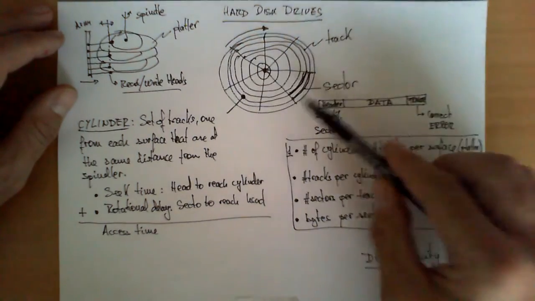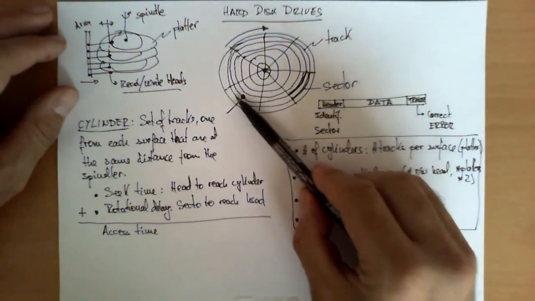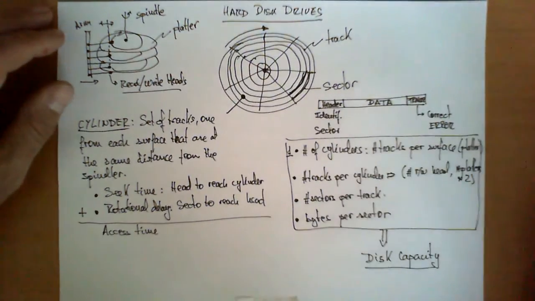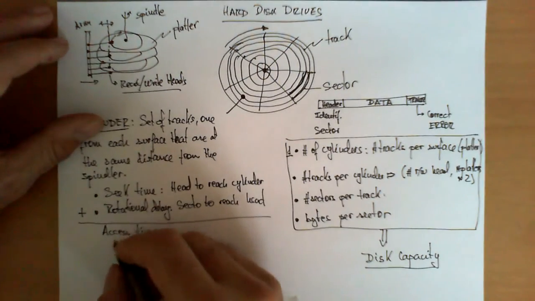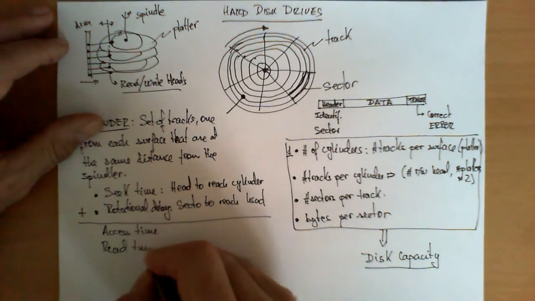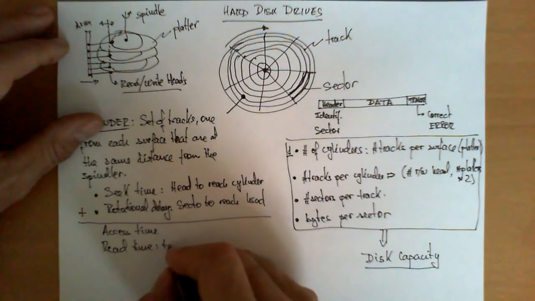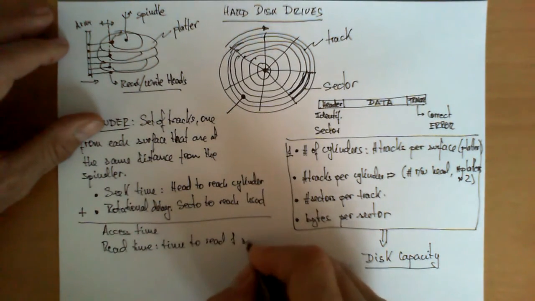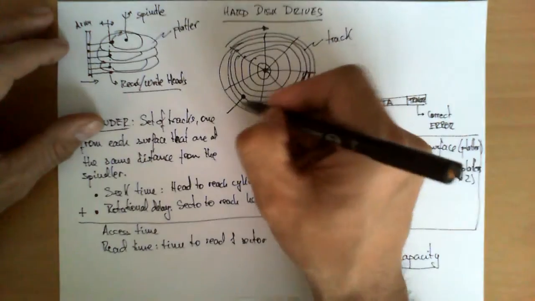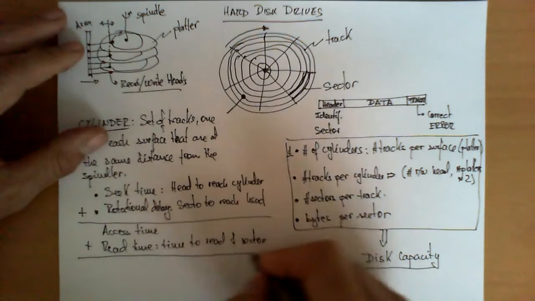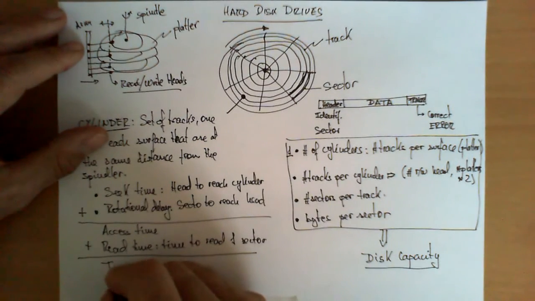We have to wait for this sector to pass entirely underneath the head, and then we are able to read the header, the data, and the trailer, as we said. That time is what is called read time. In other words, it is the time to read one sector once it is placed exactly underneath the head. If we add these two magnitudes, then as a result we have another very important dimension, which is the transfer time.